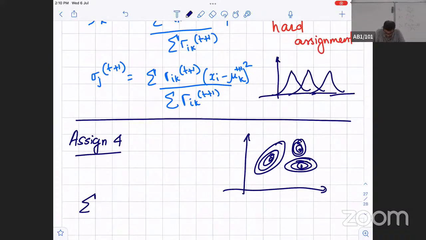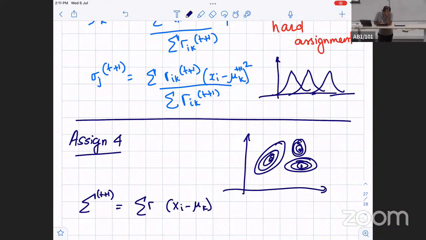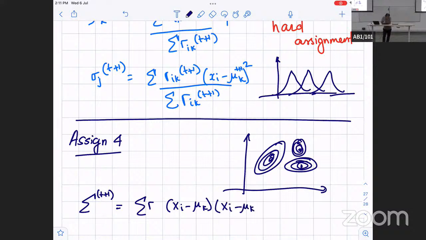So the covariance update at t plus 1 will be a summation of xi minus mu k times xi minus mu k transpose, weighted by gamma ik t plus 1.